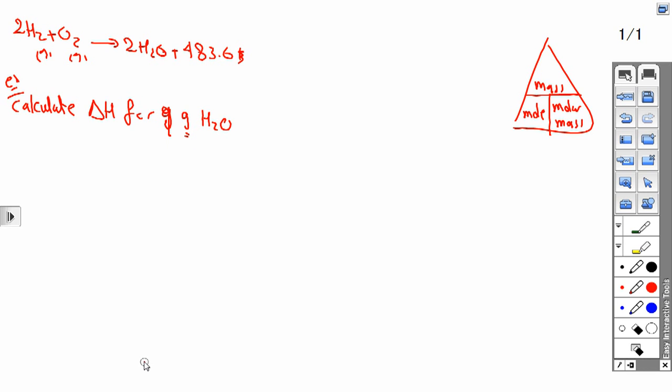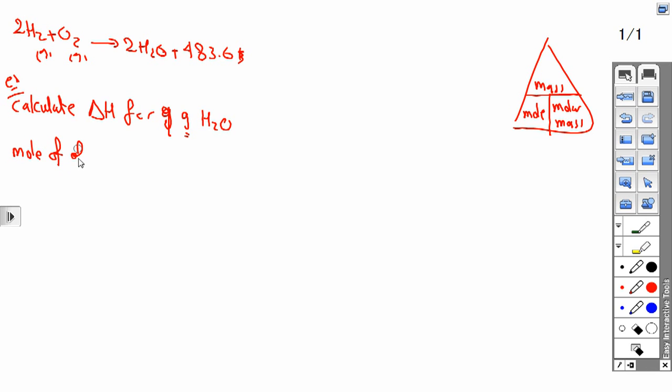How do we make this? You know that we can't calculate for certain grams. We have to change it into moles because we said that the enthalpy change is directly proportional to moles. So 9 grams mean how many moles of water?